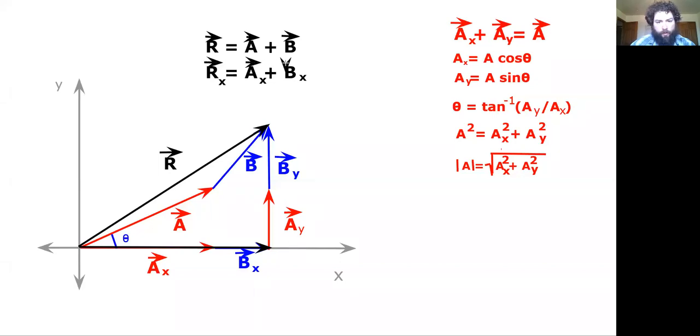They can be components or vectors, but since they have a direction here, we're going to treat them as vectors. Okay, and then Ry. We're going to do the same thing here.